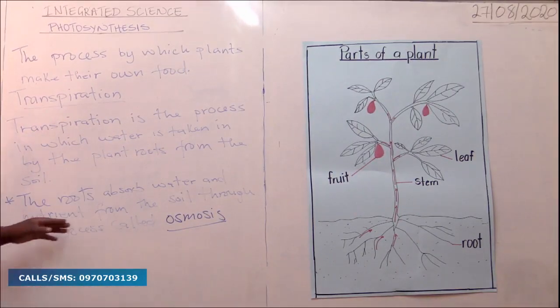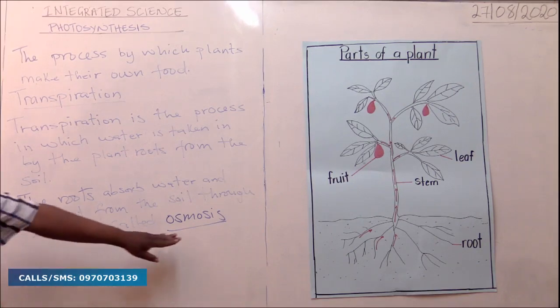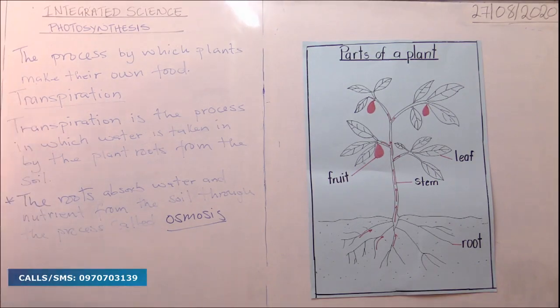Okay, the roots absorb water and nutrients from the soil through the process called osmosis. Okay, so we are going to go to another point.